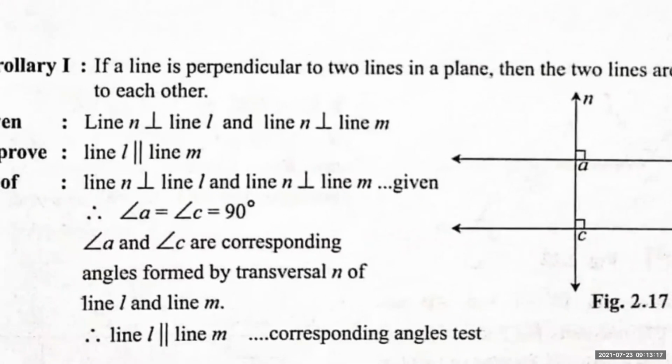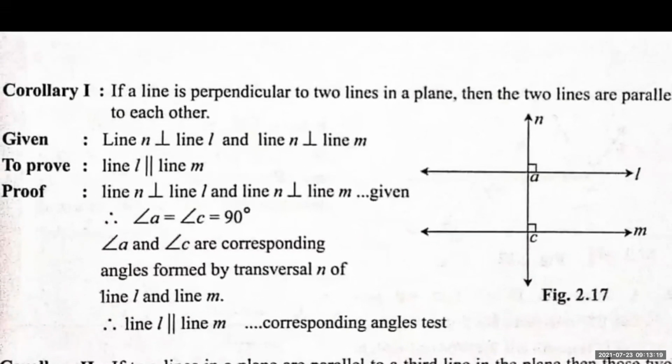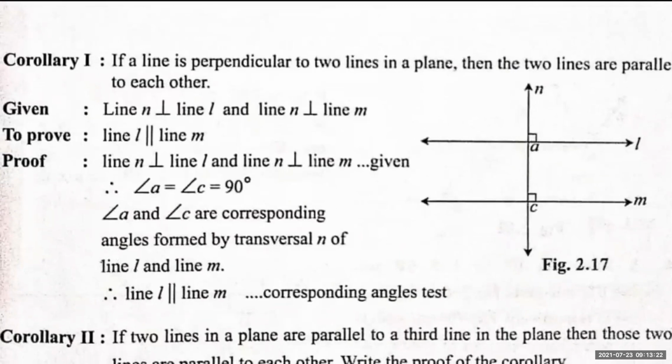Again, you can see in the diagram carefully. So angle A and angle C are corresponding angles formed by transversal N of line L and line M. So by the corresponding angle test, angle A and angle C are corresponding angles, and individually each measures 90 degrees, which means they are of the same measurement.